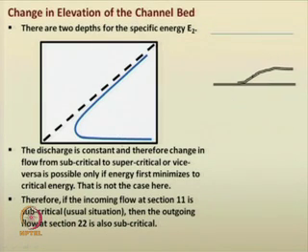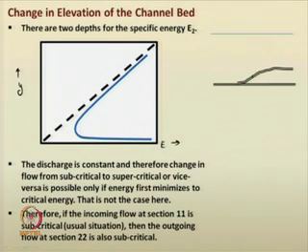So, this is specific energy, and this is depth of flow. If you look into this curve, you have the minimum specific energy E c here, and the corresponding depth, the critical depth of flow y c, for the given channel section.